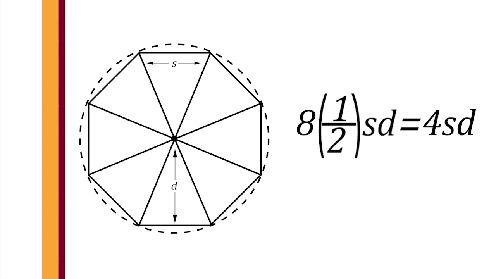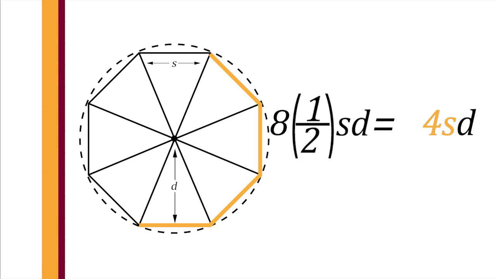Ask, what fraction of the octagon's perimeter does the expression 4s represent? Students should recognize 4s as representing half of the octagon's perimeter. Ask, how would the octagon's area be expressed in terms of its perimeter, p?